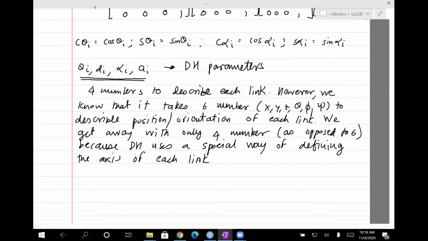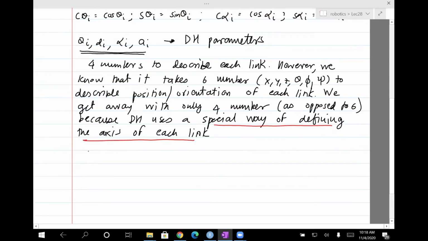Well, the special way is actually two things which DH does. The first thing it does is it says that the axis x i is perpendicular to z i minus 1. So that's the z-axis of the previous link.